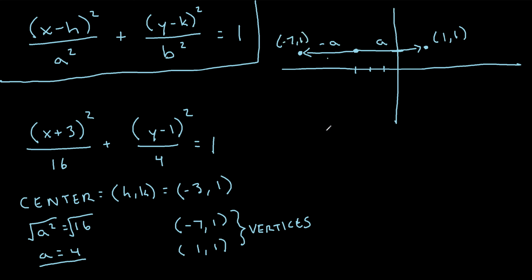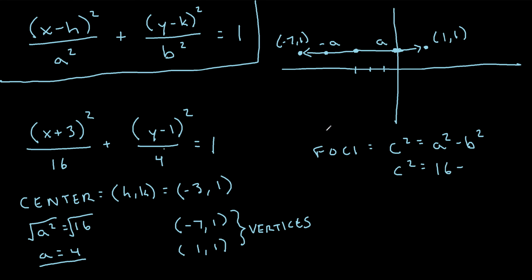And now to find the foci, which are the points that lie somewhere in between the center and each vertex, we can use the following equation. We'll say foci: c² is equal to a² minus b². So c² is equal to, remember, a² is the larger denominator, so that's 16.